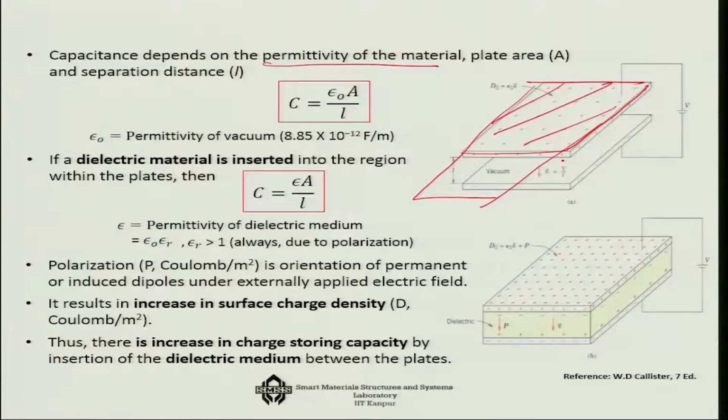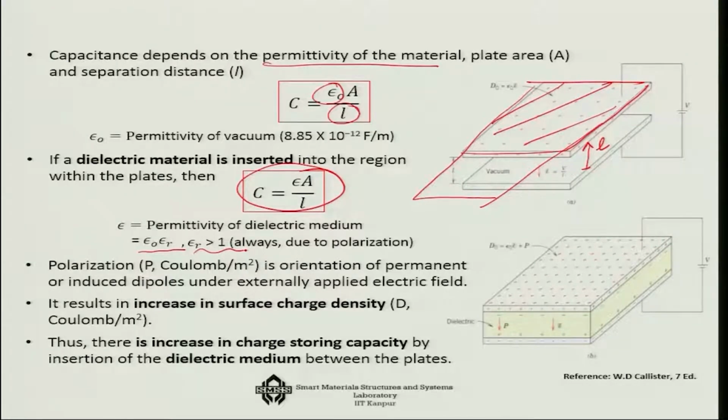So that is the common area, and then epsilon 0, the permittivity of vacuum, divided by the separation distance L between the two plates. The same is true for any other dielectric medium, where C is epsilon A over L, and epsilon is the permittivity of the dielectric medium, which is epsilon 0 times epsilon r. Epsilon 0 is the vacuum permittivity, and epsilon r is the relative permittivity. Epsilon r is always greater than 1.